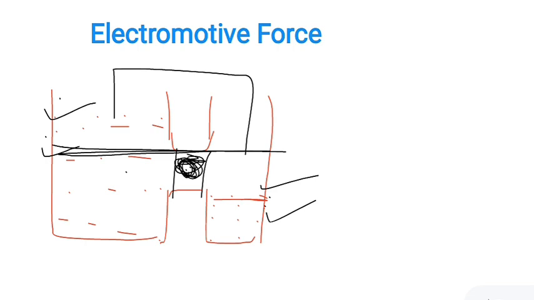Okay, when the level of water in both the containers is the same, then immediately the flow of water stops. Now my next question is, why does the flow of water stop when the level is the same? Because there is no pressure difference on both sides of the container.